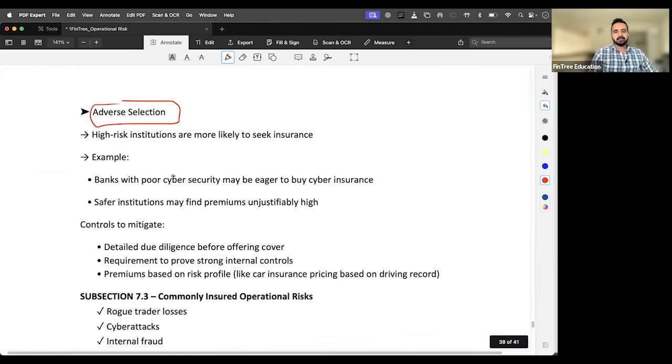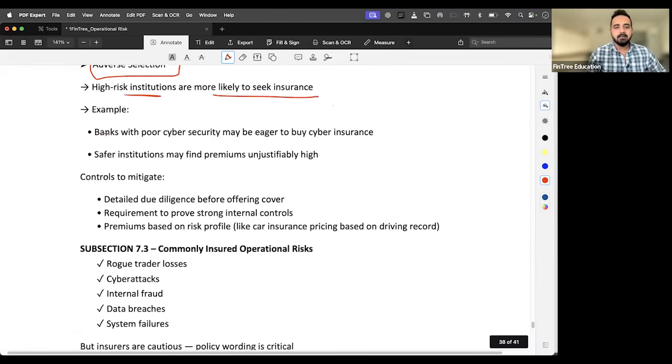What would be adverse selection? Adverse selection means I end up getting all the wrong type of clients. If I were selling car insurance and set my premium very high but give very good coverage, all the reckless drivers will come to me to buy insurance, right? That's adverse selection. So high risk institutions are more likely to seek insurance.